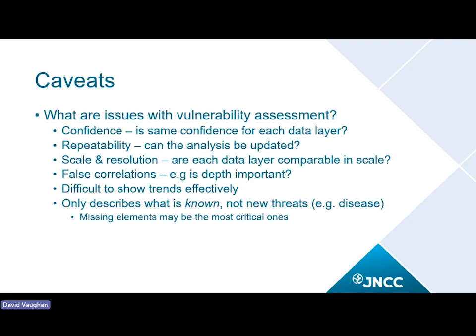A lot will depend on how good your underlying data sets are, and the confidence that you've got within each layer that you're using. Are you going to be able to do it again in a year's time or 2 years' time, or is it something that will take 10 years of work? How good are they at comparing each scale? An example: one of the things that came up yesterday when we were talking about health was sargassum.